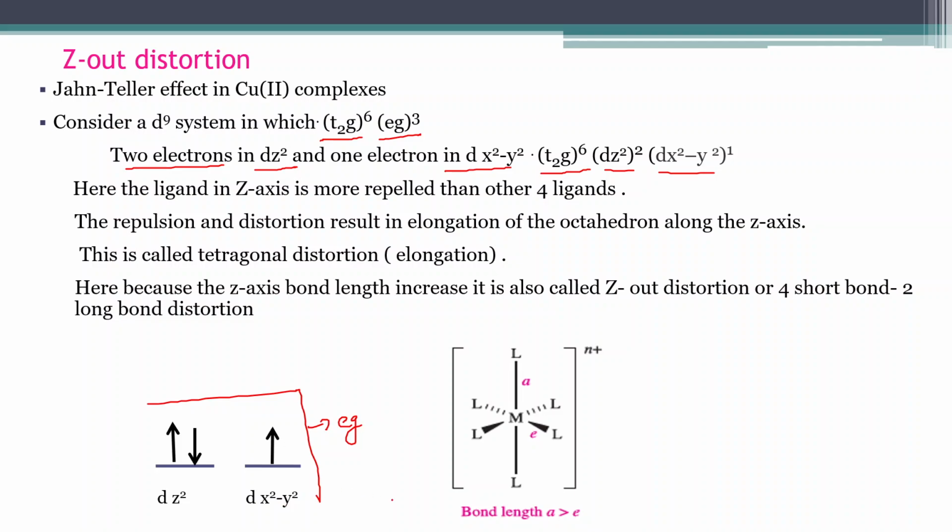Now what is happening is, this is the z axis, and this may be x and this may be y, and we know the dz2 means this orbital is along the z axis, and two electrons are present here.